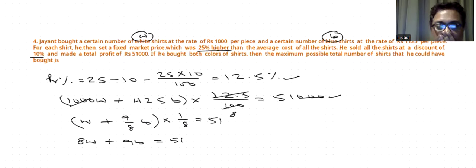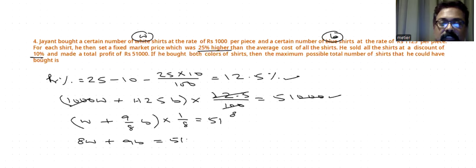12.5% profit, 51,000. 1 by 8 W plus 9 by 8 B, so 8W plus 9B. And it is coming as 8 into 8, 64, into this.